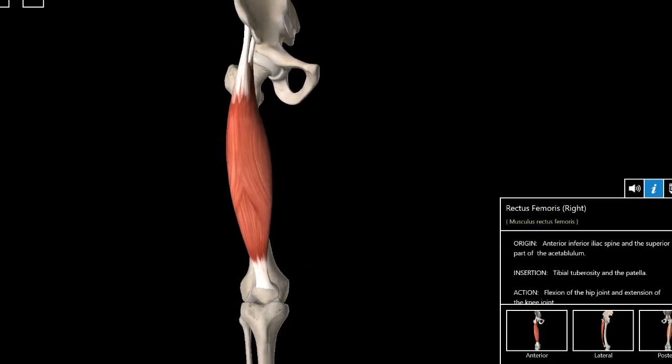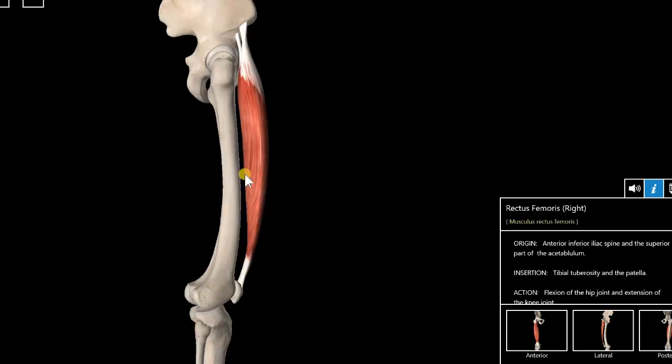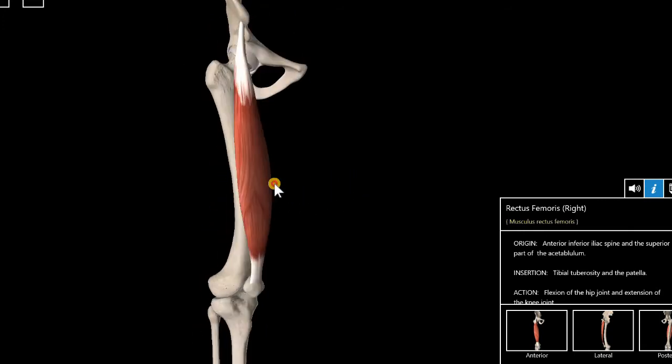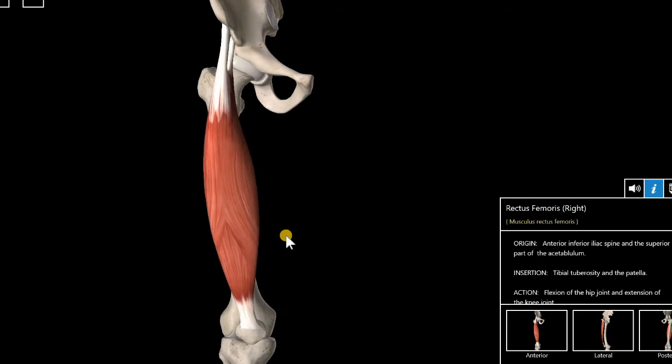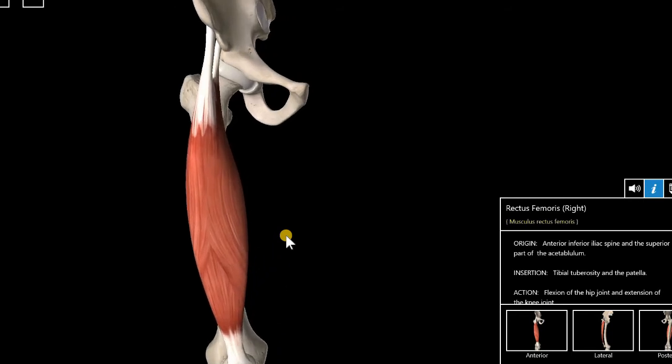Okay, the rectus femoris, so we have the femur, so there's your femoris part. Rectus means runs straight up and down, so rectus femoris. Now remember, of the four muscles, this is the one muscle that crosses two joints. So this one therefore has more than one action.